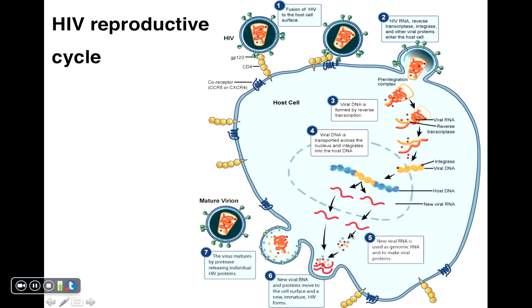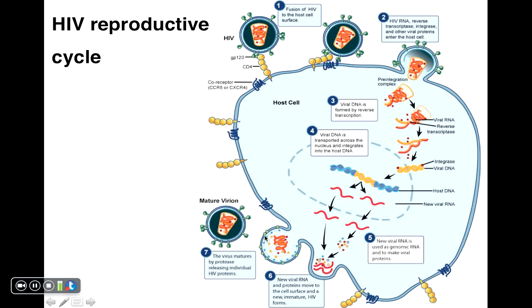They can then be translated to produce all of the proteins, all of the capsid proteins, the integrase enzymes, reverse transcriptase, all of the components needed to produce new viral particles. So those viral particles are assembled. There's another important enzyme called protease, which results in the formation of the capsid proteins.